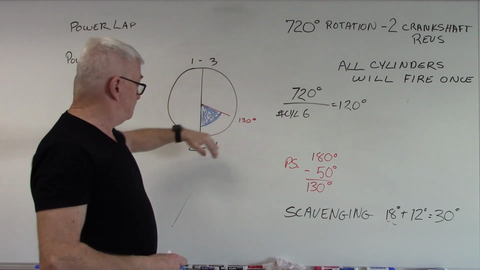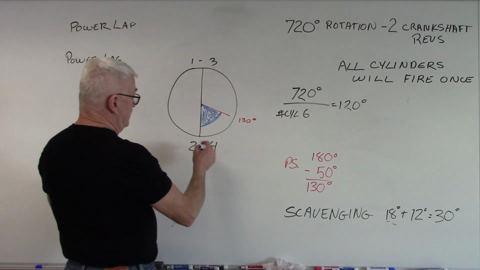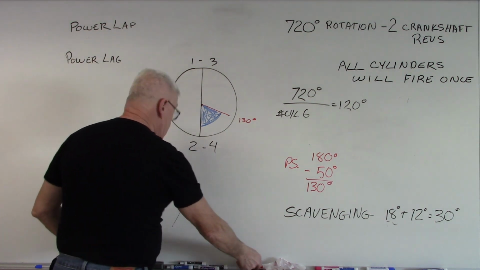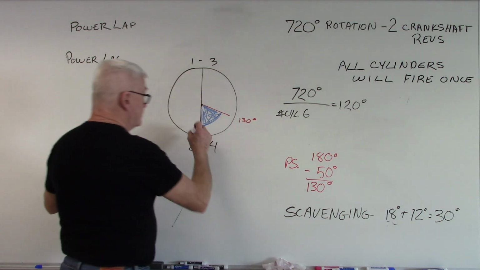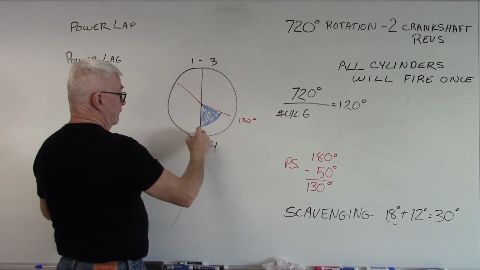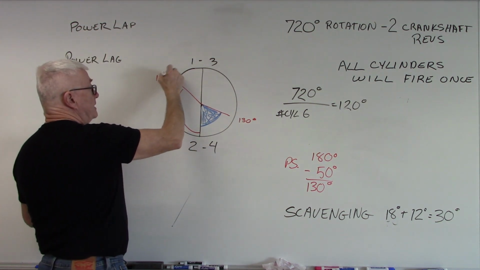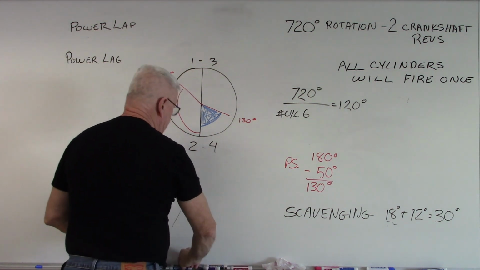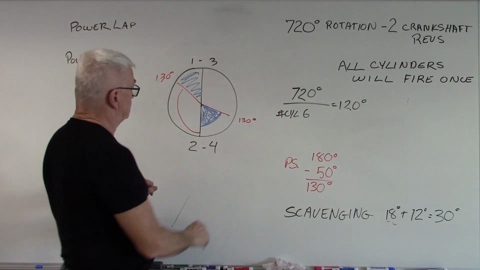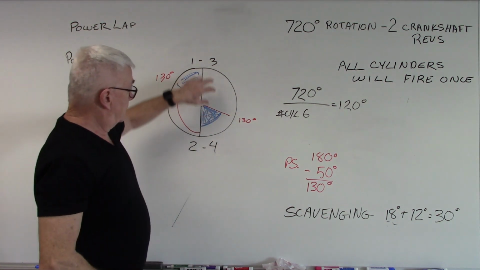When I get to that bottom dead center, then the next one in the firing order, let's say number 4, is going to start firing, and it is going to go from here to here, which would be again my 130 degrees of the power stroke, and then there would be no input to here. That should actually look more like that. All right.